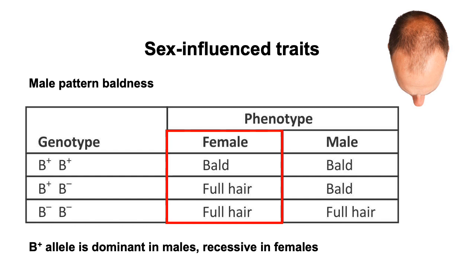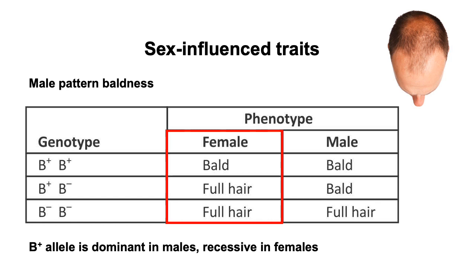Again, we always look at the heterozygote to tell us what is dominant and what is recessive. And when we look in females, the heterozygote, B plus B minus, has the same phenotype as the B minus homozygote. So what that is showing is that the B minus allele is showing dominance. So the B plus allele is recessive in females, but the B plus allele is dominant in males.